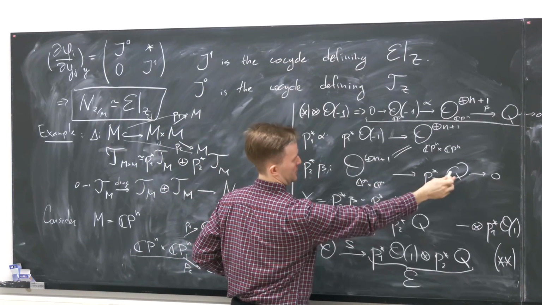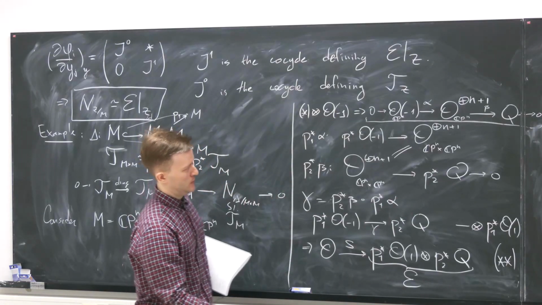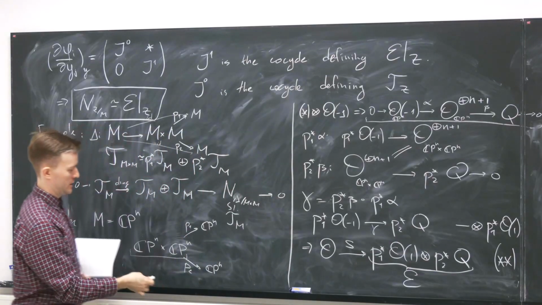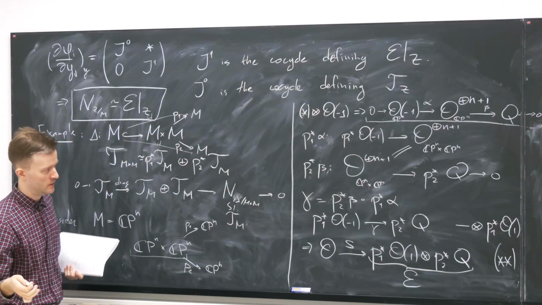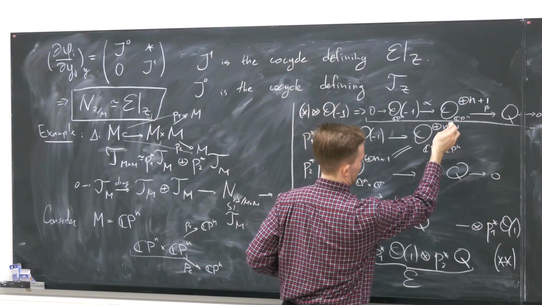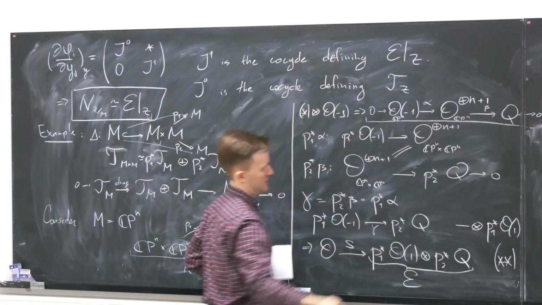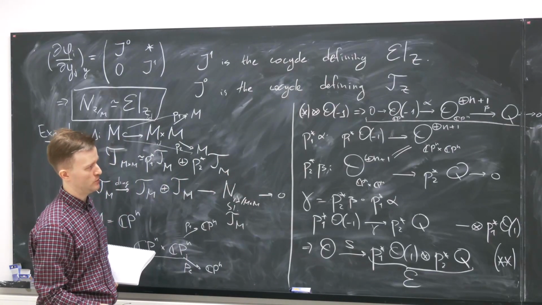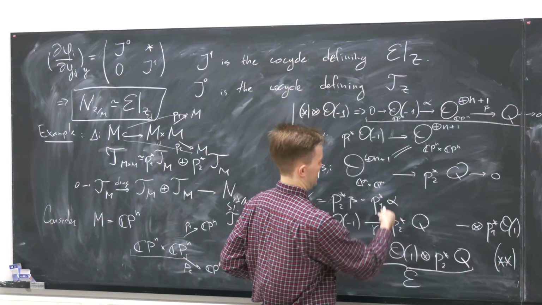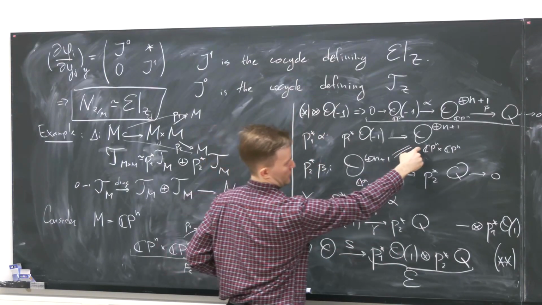But when I pull back the structure sheaf via any projection, then I get the structure sheaf again. And if I pull back the direct sum of n plus 1 copies of the structure sheaf, I get again n plus 1 copies of the structure sheaf.